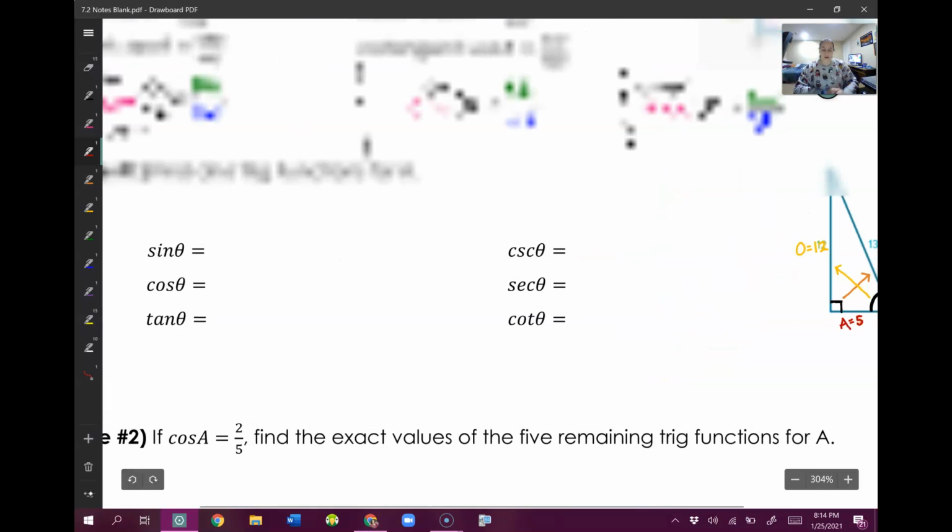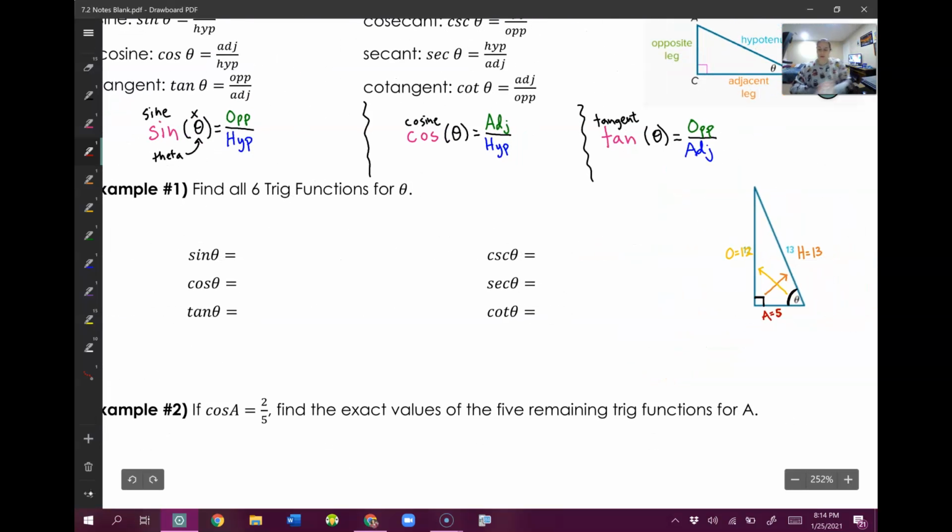So now, let's add our fractions in. I know that sine is the opposite side over the hypotenuse. So let's fill that in. In this one, the opposite side is 12, and the hypotenuse side, right there, is 13.